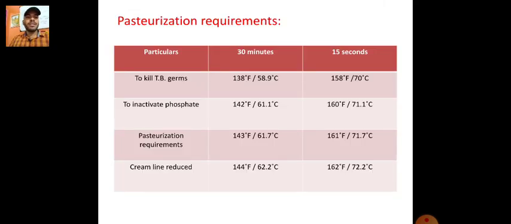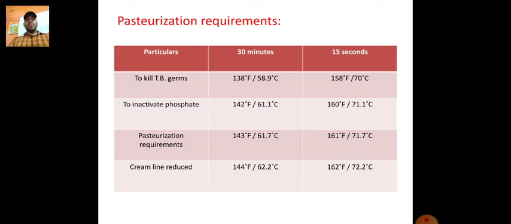Then pasteurization requirements. There are two methods, two temperature conditions. To kill TB germs, the requirement of temperature and time is 138 degrees Fahrenheit, that is 58.9 degrees Celsius, for 30 minutes, and the second one is 158 degrees Fahrenheit or 70 degrees Celsius. To inactivate phosphatase, 142 degrees Fahrenheit or 61.1 degrees Celsius for 30 minutes, and 160 degrees Fahrenheit, that is 71.1 degrees Celsius.